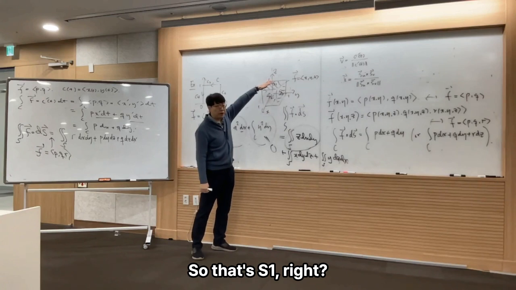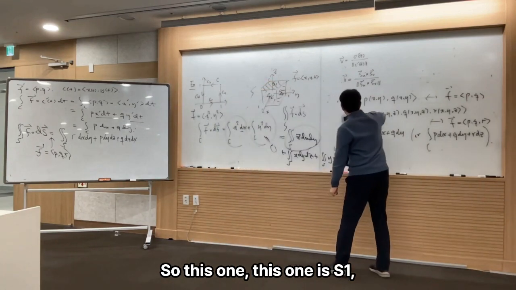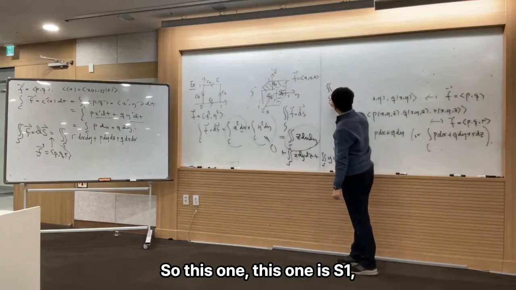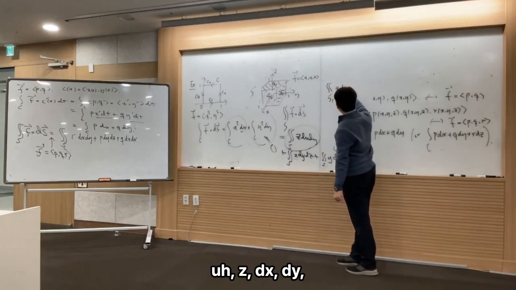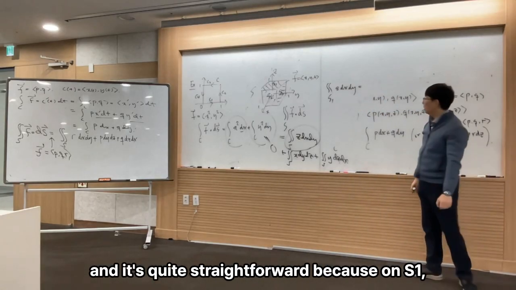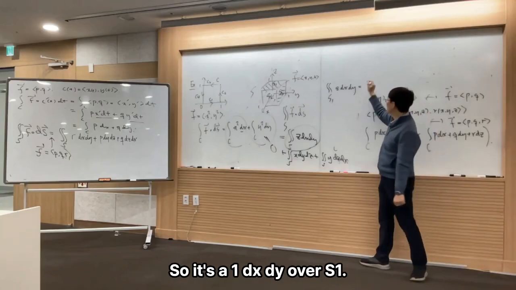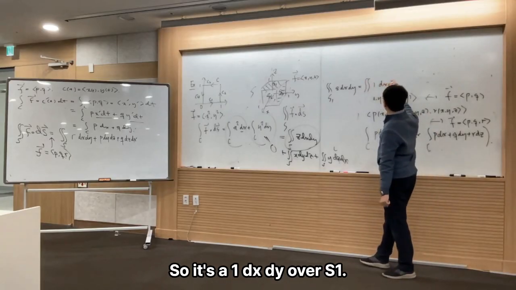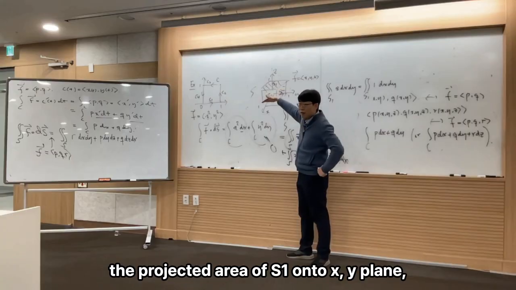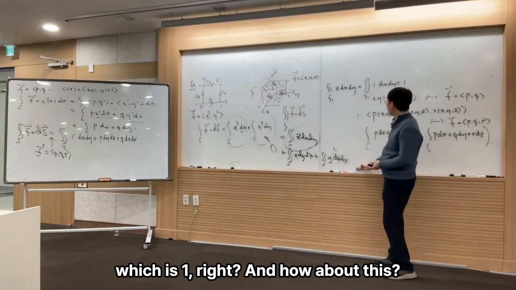So that's S1, the integral over S1 of z dx dy. It's quite straightforward because on S1, what is the value of z? It's 1, right? So it's 1 dx dy over S1. What we are looking at is the projected area of S1 onto the xy plane, which is 1.